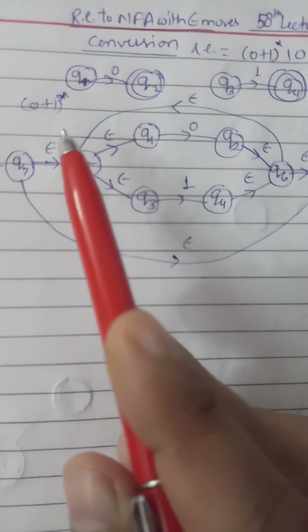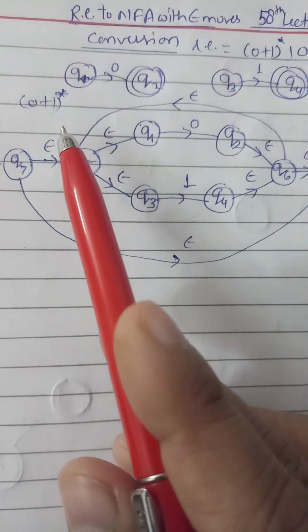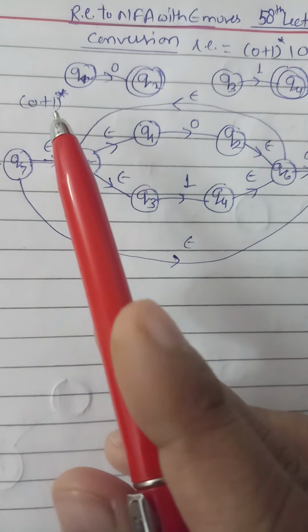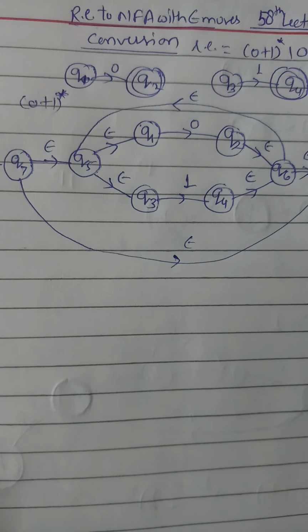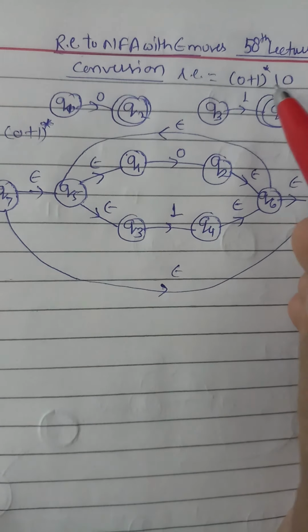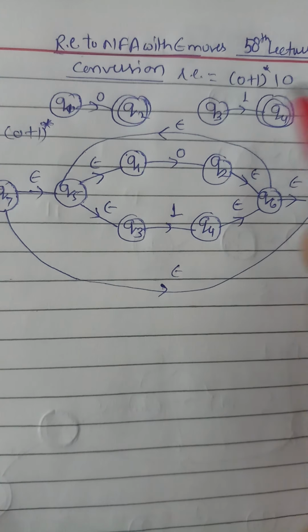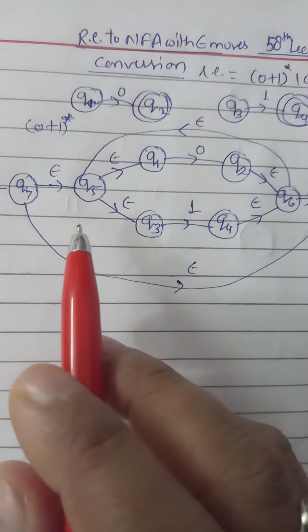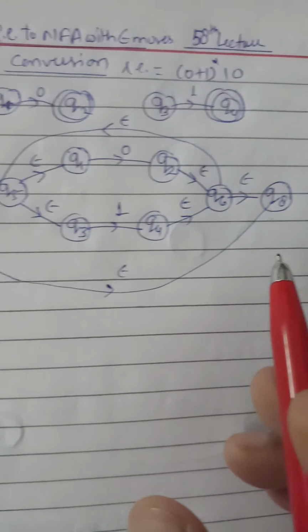So what is this? This is (0+1)*. Now what do we have exactly? We have (0+1)*10. So this is our (0+1)*.